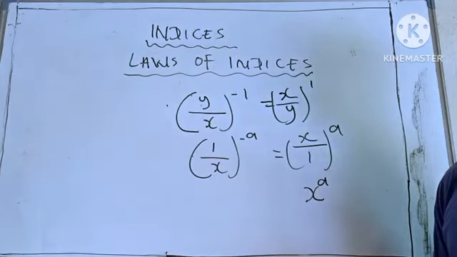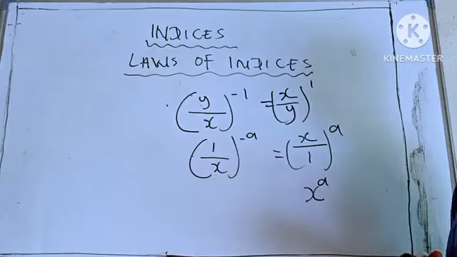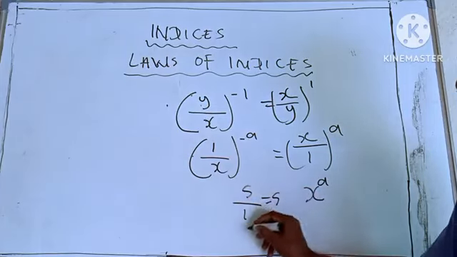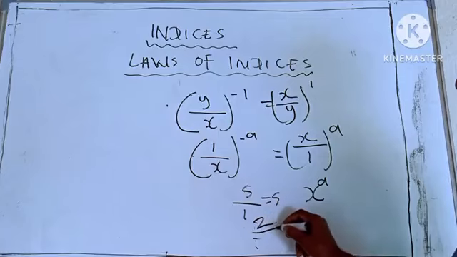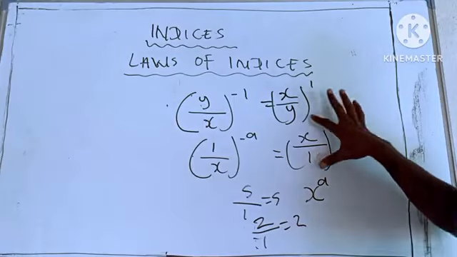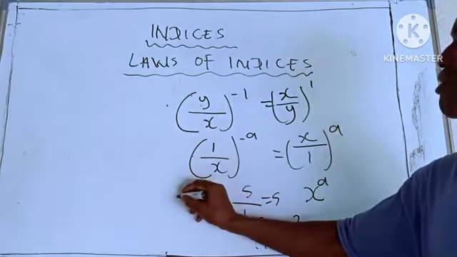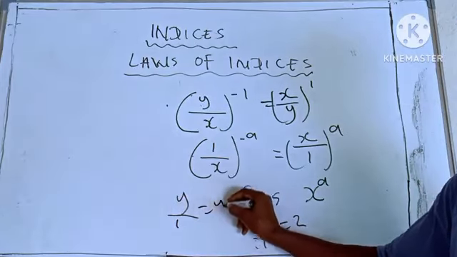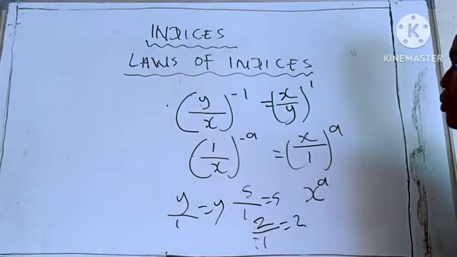Meaning that any number divided by 1 will still give you that particular number. Let's say 5 divided by 1 is 5. 2 divided by 1 will still give you 2, isn't it? So this is the explanation. Or any alphabet y all over 1 will still give you y. Okay, so don't be confused.